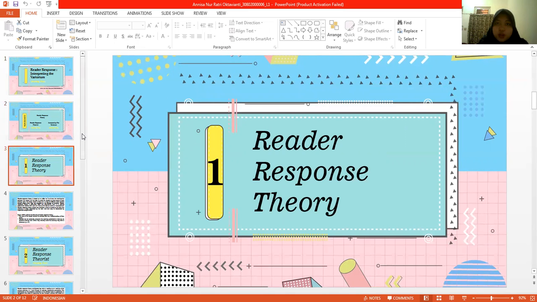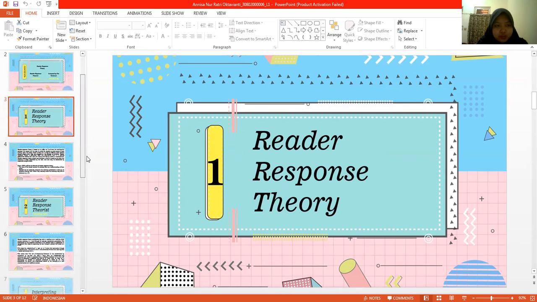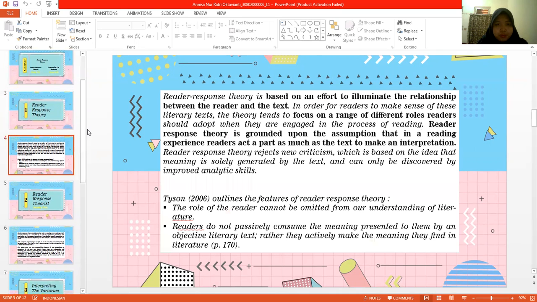So the first one, we are going to talk about reader response theory. Reader response theory is based on an effort to eliminate the relationship between the reader and the text. In order for readers to make sense of these literary texts, the theory tends to focus on a range of different roles readers should adopt when they are engaged in the process of reading.